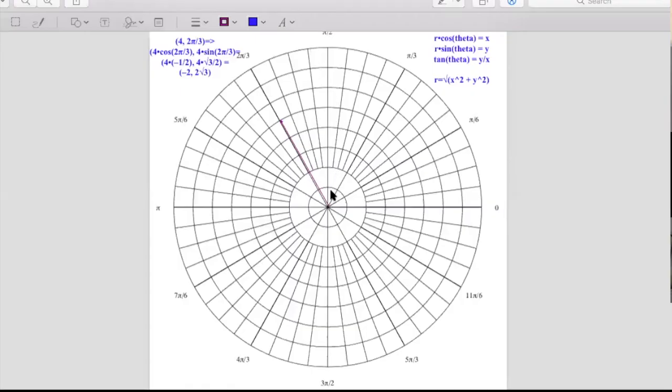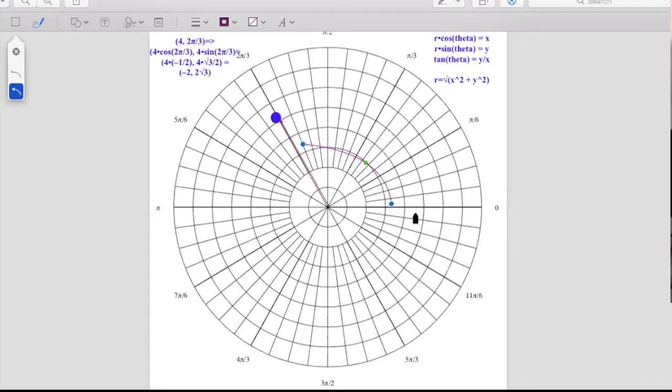Let's go back to this and talk for a minute about the fact that we get different answers. Right? We got different answers here for the same point. And there are an infinite number of ways that we can get there. One of those ways is to just go around 2 pi over 3 and be done.